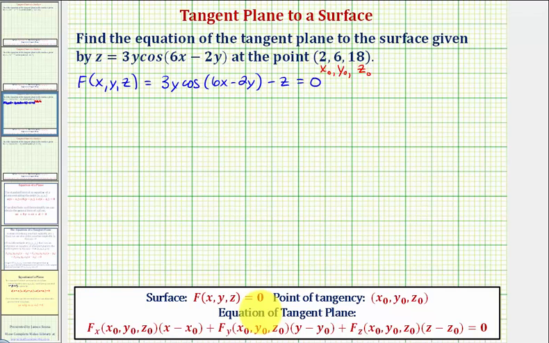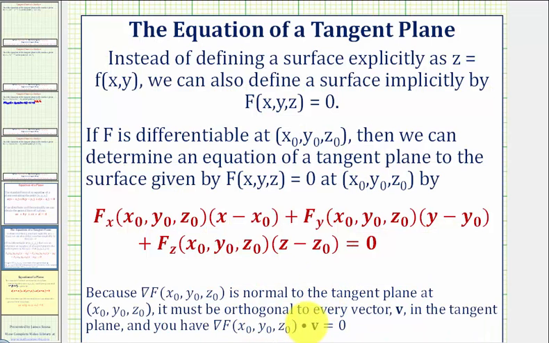And here's the equation of our tangent plane. Remember, we can derive this by finding the dot product of the gradient of f evaluated at the point of tangency and the vector v, where vector v is any vector in the tangent plane. This is because the gradient of f is normal to the tangent plane at the point of tangency, and therefore it must be orthogonal to every vector v in the tangent plane.